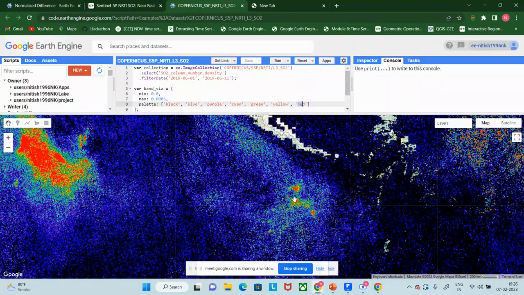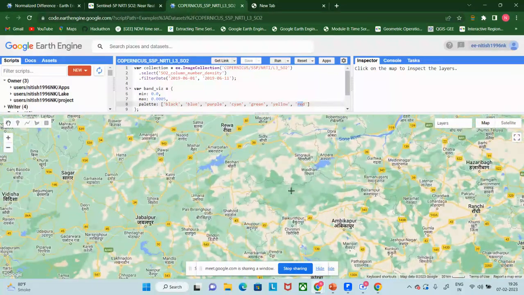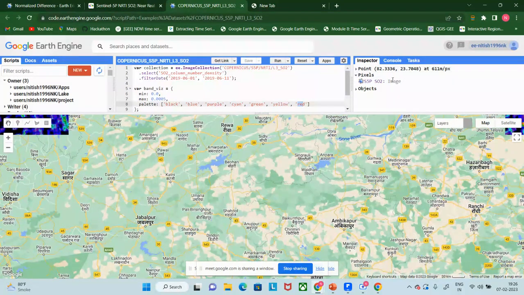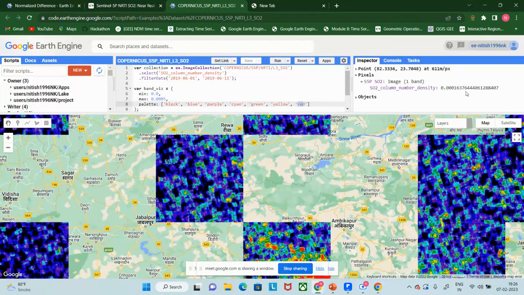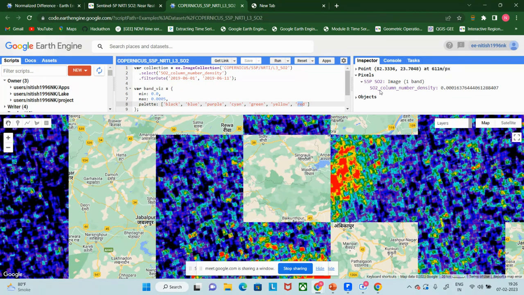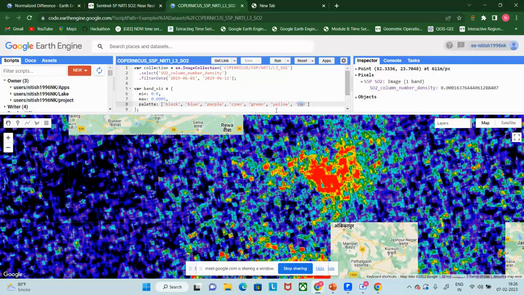If you click on the inspector I told you about, it will show how much this pixel is. So this pixel is 0.0001. Here you can read that.